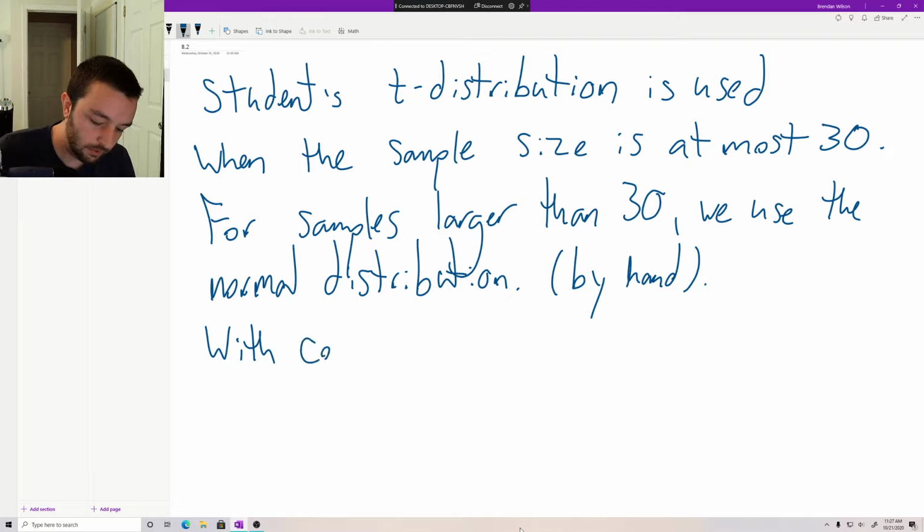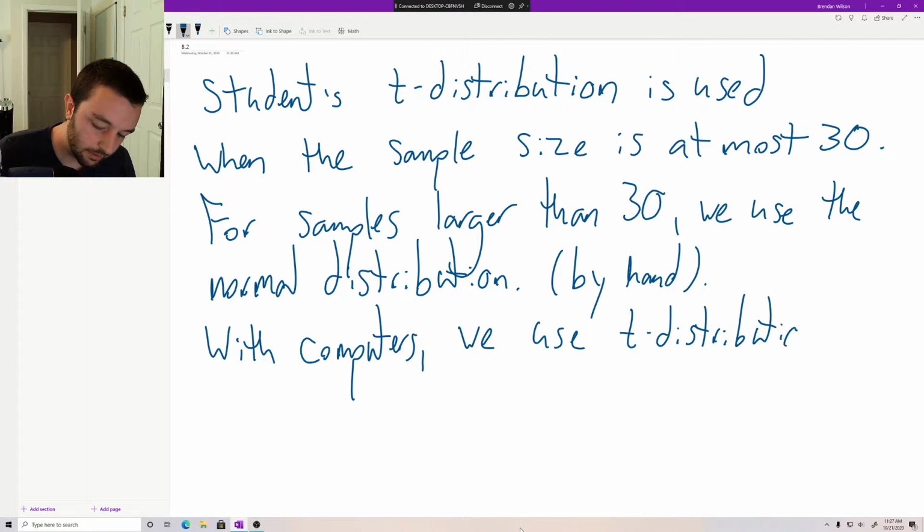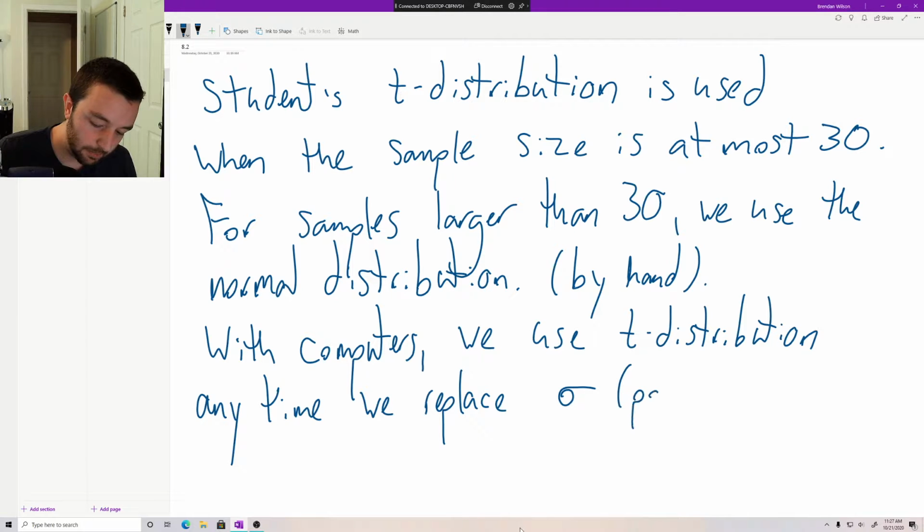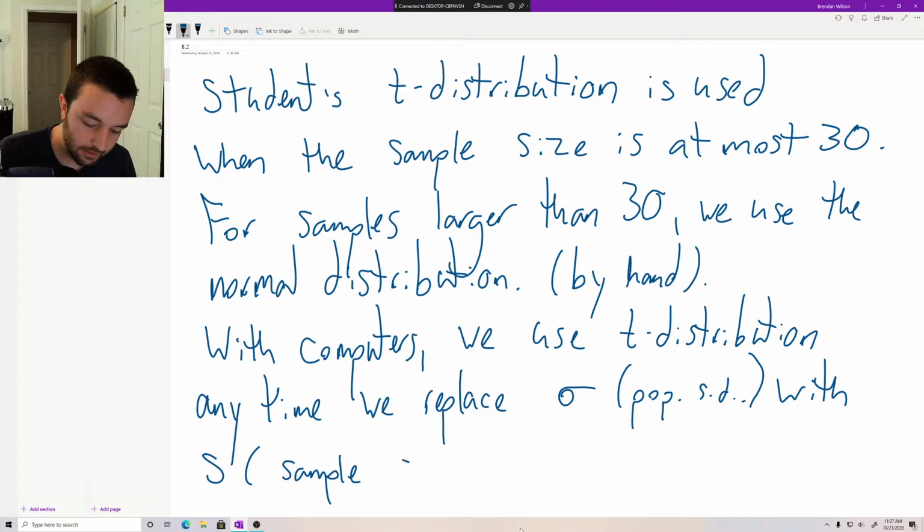With computers, we use the t distribution anytime we replace sigma, the population standard deviation, with s, the sample standard deviation.